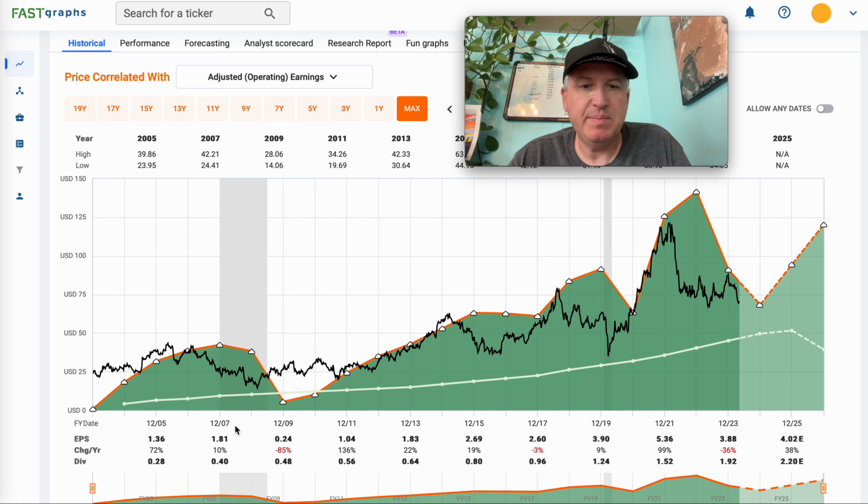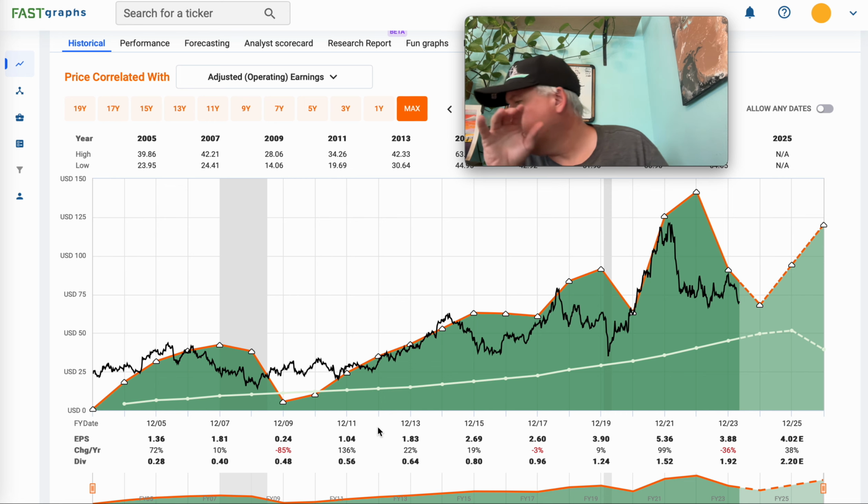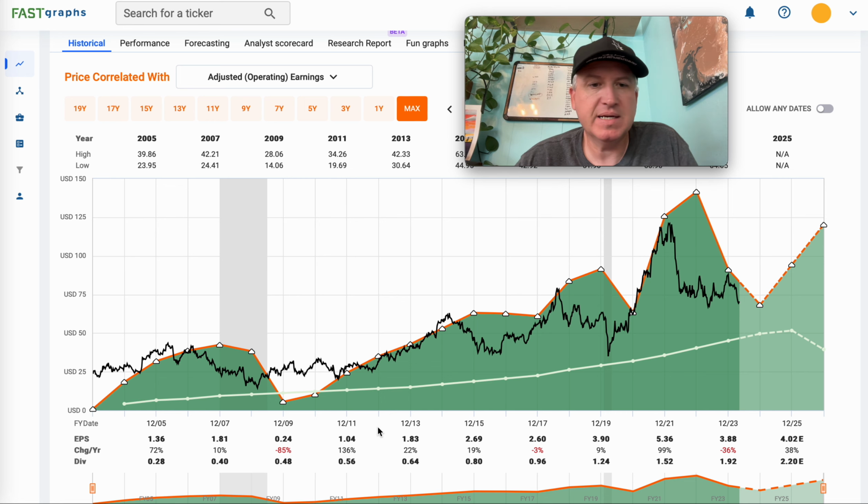So once we've established that the business is pretty high quality because of this generally rising earnings trend, earnings recovery time also took about 4 years for them to recover from the bottom of the 2009 decline to make new highs again, and then they recovered within 1 year during the COVID decline.